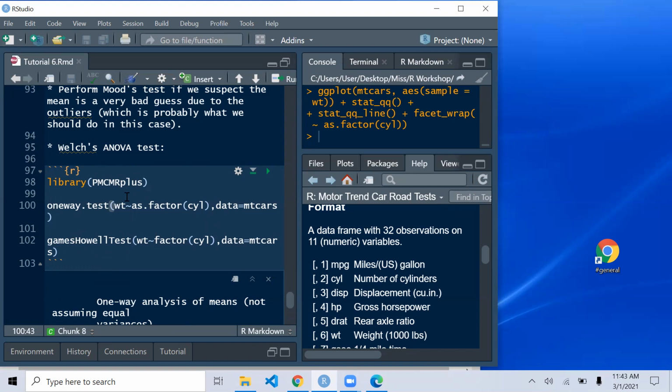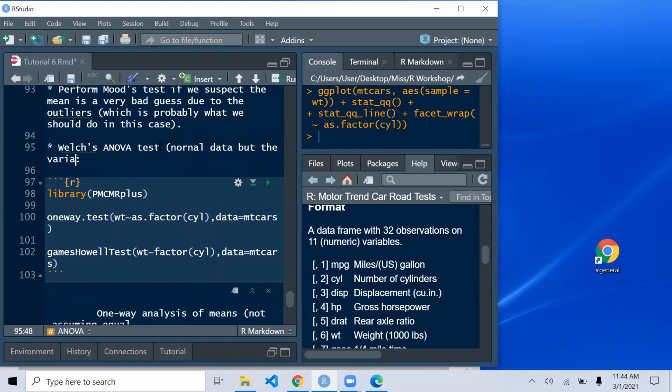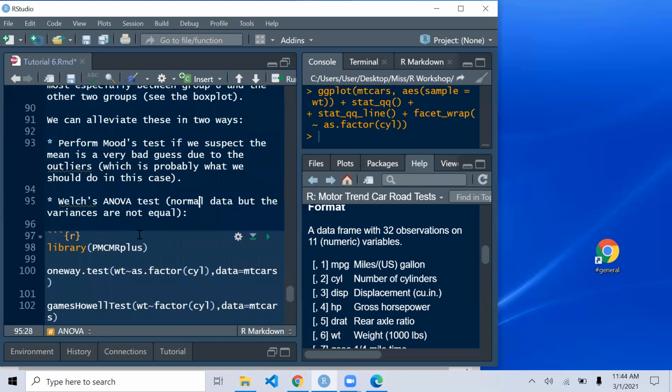So when you do your reports, which come out this week, I think, and you suspect that you have normal data, normally distributed, but you truly don't have equal variances, I'm going to put this here: normal data, but the variance is not equal, right? Then you can use this test here. But if you don't even have normal data, you probably should go back to the first scenario, which is the Mood's test.